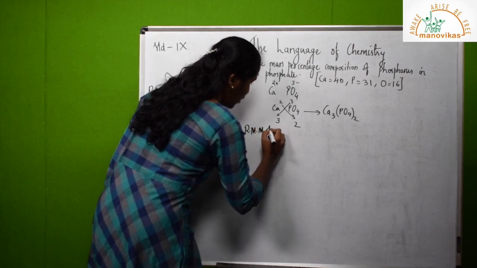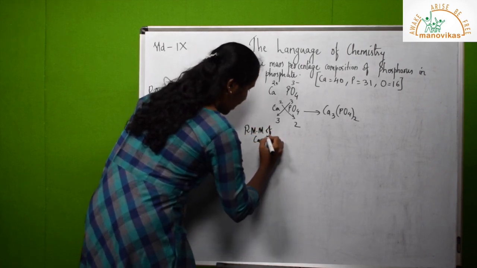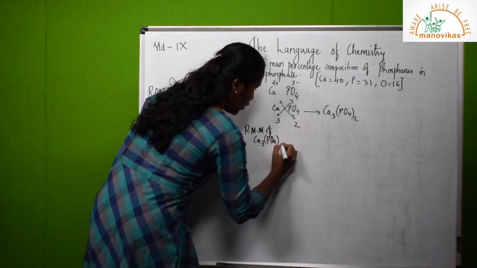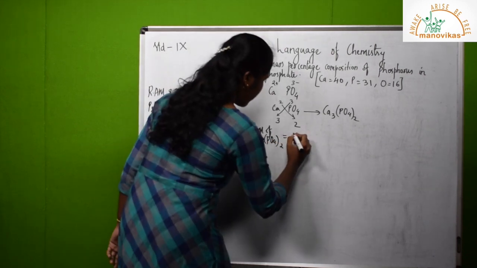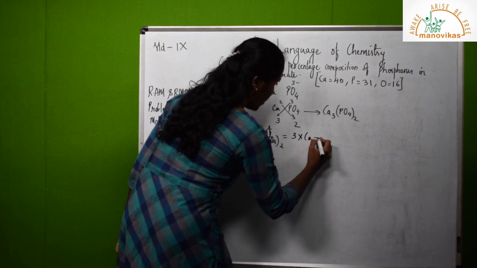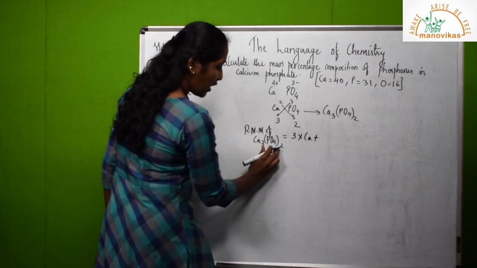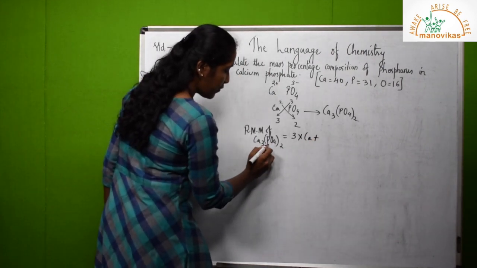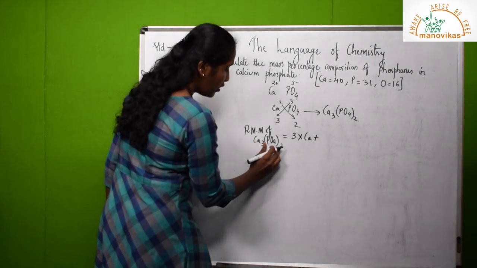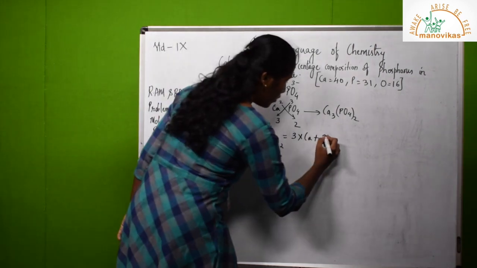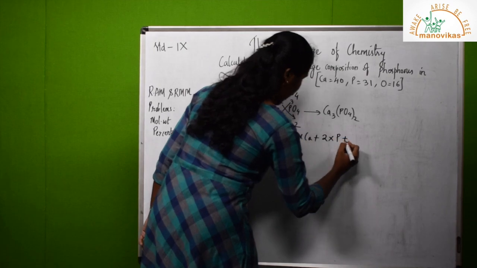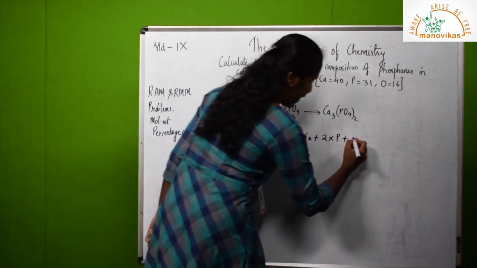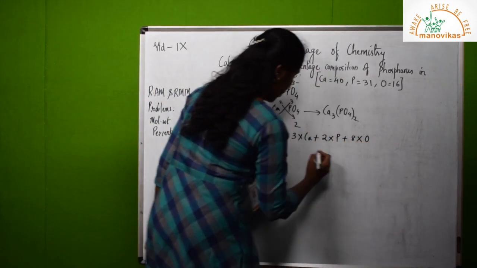Relative molecular mass of Ca3(PO4)2 is equals to 3 times calcium plus. Now this 2 is outside the bracket. This is applicable for phosphorus also. Same way for oxygen also. So 2 into P plus 4 2s are 8. So 8 into oxygen.